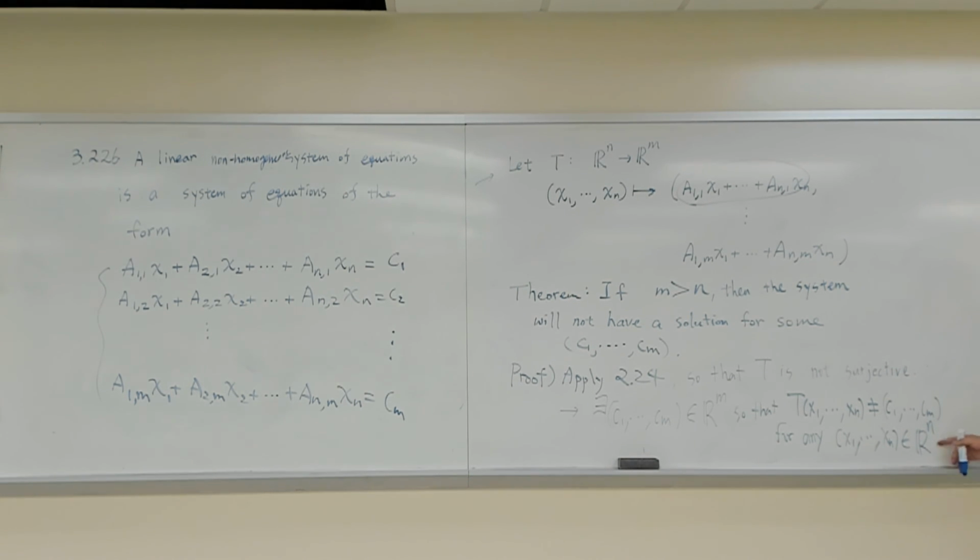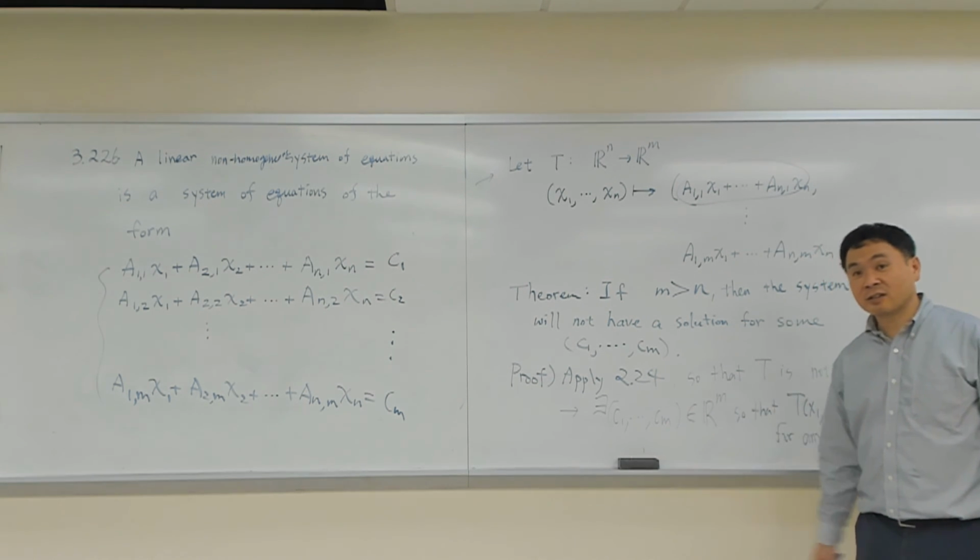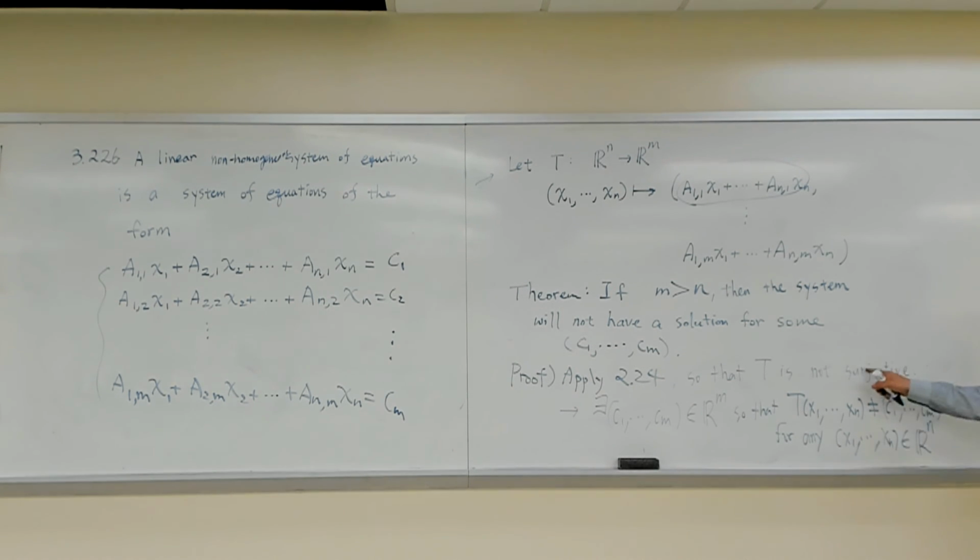Rn is the domain. Anything in here looks like this. So I'm really saying Tv equal to w cannot happen for certain w's. Not being surjective means that there's a choice of C1 through Cm so that it doesn't have a solution. Okay.